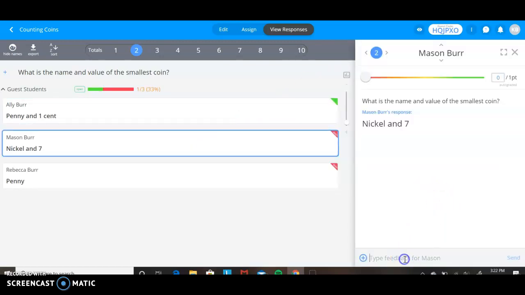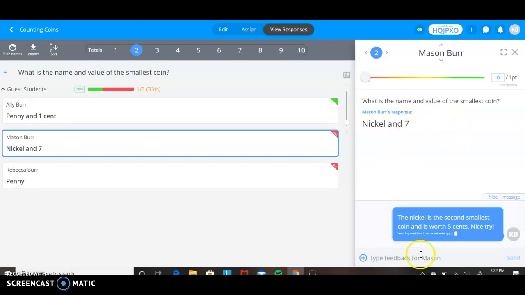That is not the right answer, so we're going to give some feedback. Now, this student is able to see the feedback that I give them over this.